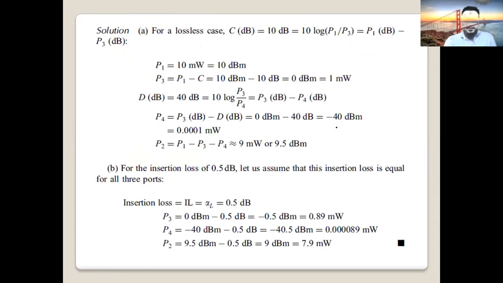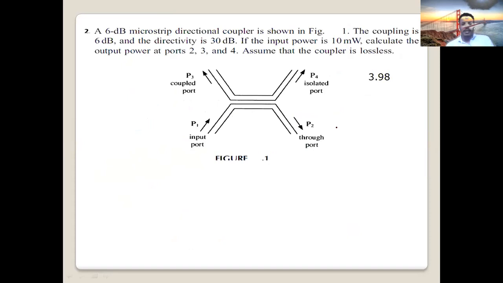Let's see another example here. Example number 2. In this case, what's the given? This is our solution for example 2. Our coupler in this case is 6 dB, so C is 6 dB. The previous example we used a 10 dB coupler. Now the coupler we use is a 6 dB coupler.